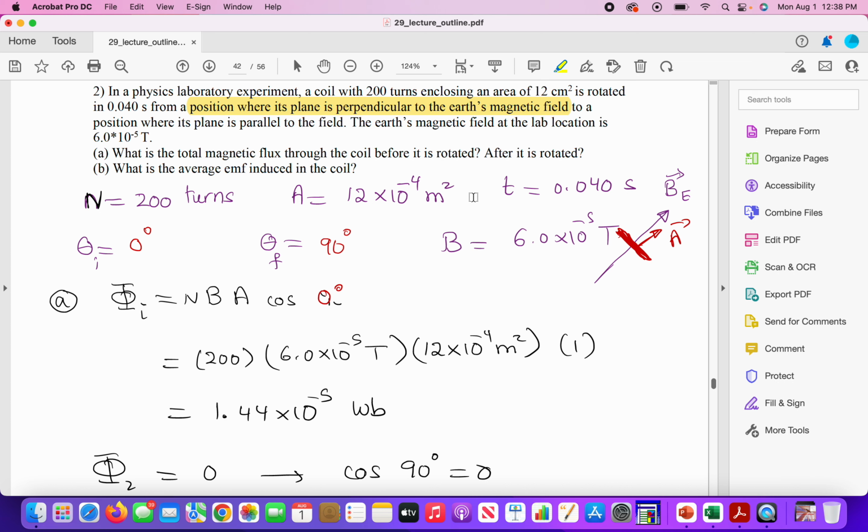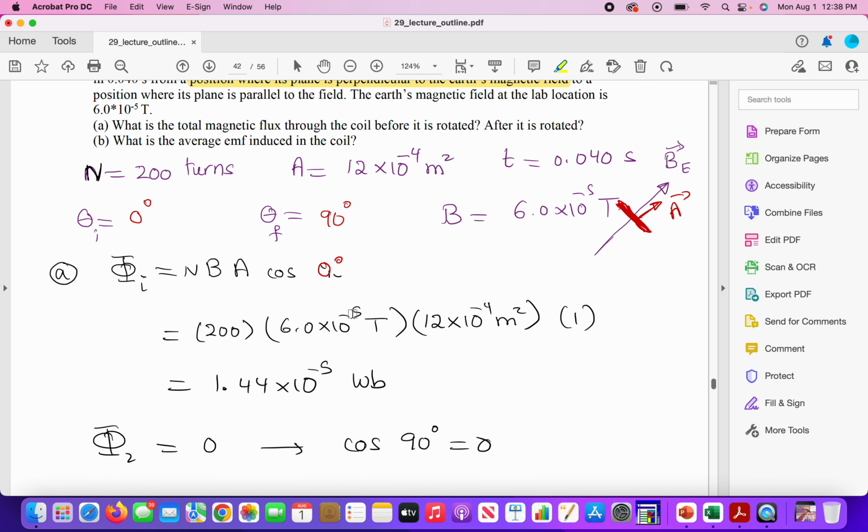This means that the area vector is going to be aligned with B, because the plane is perpendicular to the magnetic field of the Earth. Then theta initial is 0, and when it rotates and its plane is parallel to the field, the angle is going to be 90.